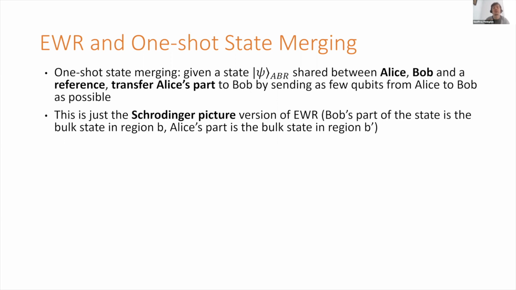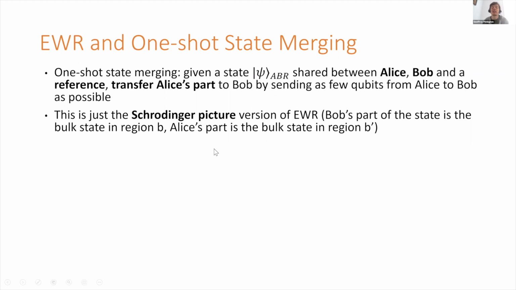It turns out the task is exactly the same as the Schrodinger picture version of entanglement wedge reconstruction. The way the correspondence works is that the part of the state Bob already has is like the bulk state in region little b. That's the bit he already knows how to decode. He doesn't have to worry about what the areas of the extremal surfaces are.